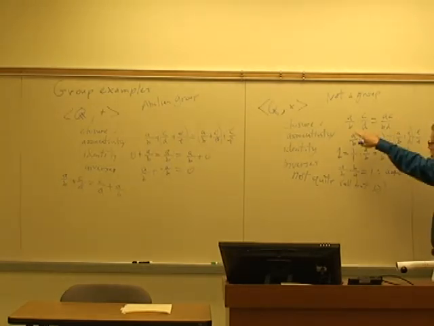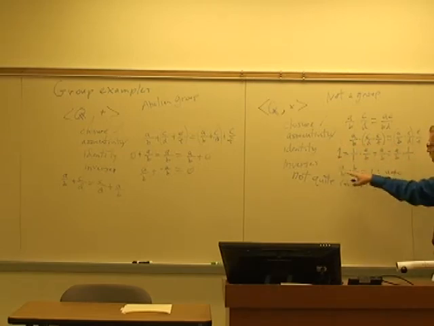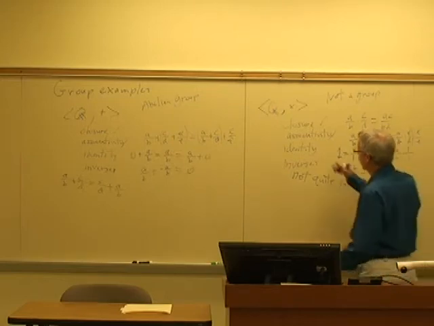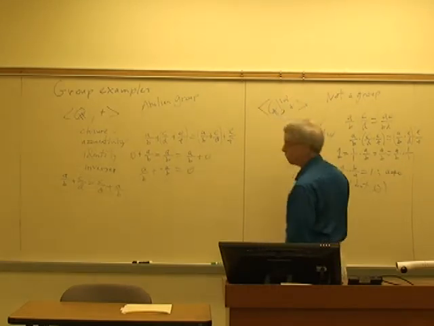Do I ever multiply two fractions that aren't 0 and get 0? I'll never get 0 as an answer for multiplication. It's still associative. The identity still works. And now everybody has an inverse because I've thrown 0 out. So to fix this, all I do is get rid of 0.